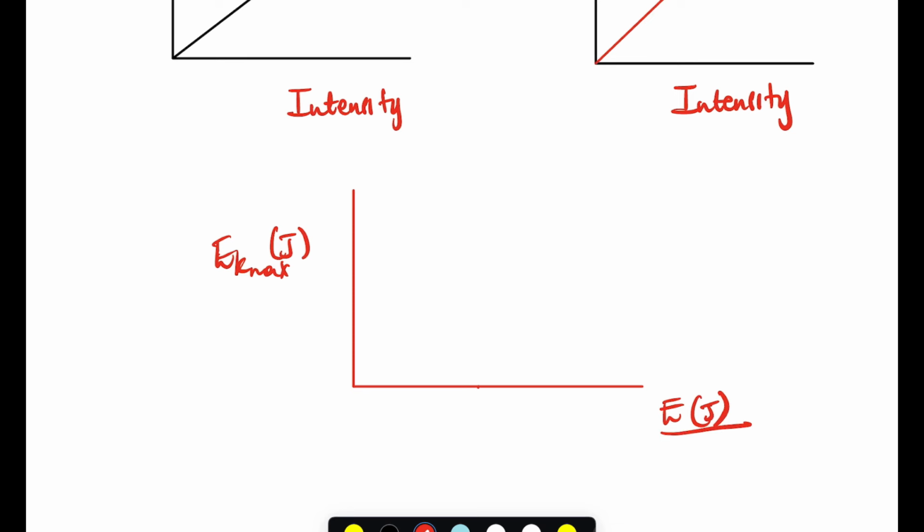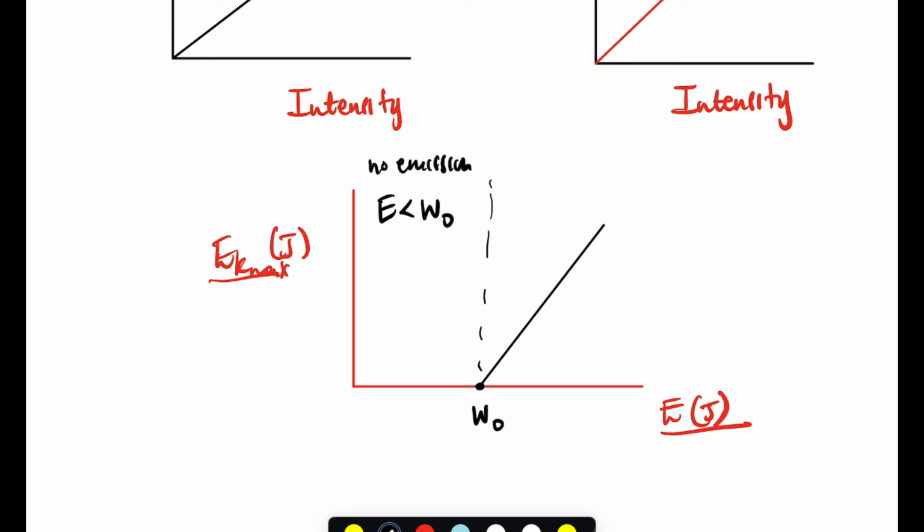The greater the energy, the greater the kinetic energy, so the graph will be like that. Here is the work function. If we draw a line here, this is when the energy of the light is lesser than the work function, so the photoelectric effect has not taken place, no emission here.